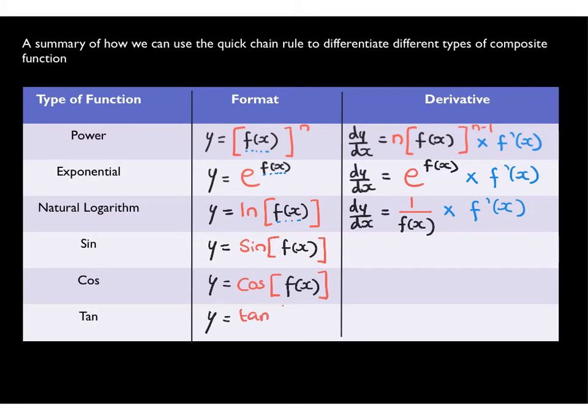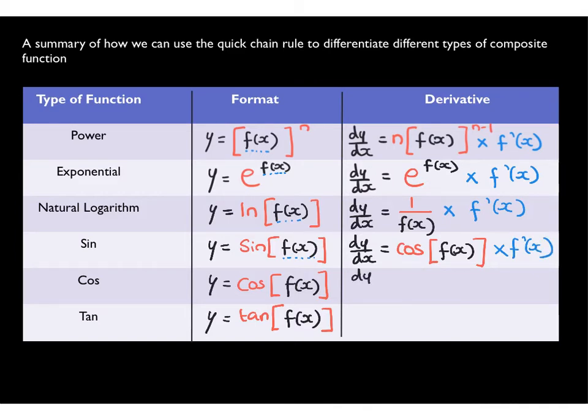So we need to remember how to differentiate simple trigonometric functions, sine, cos and tan. We know sine differentiates to cosine, so dy by dx here will start off as cos of f of x, but we must then multiply by the derivative of our inner function, so multiply by f dash x.